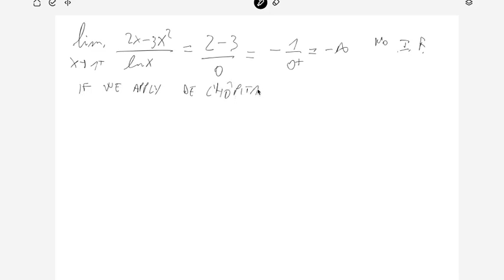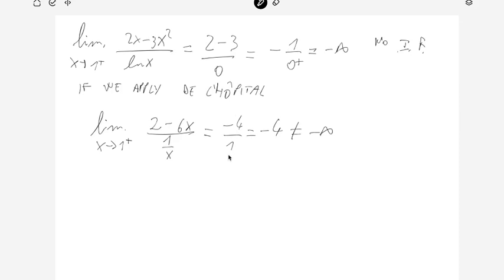If you apply the L'Hopital here, you obtain the limit when x converges to 1 plus of the derivative of this, 2 minus 6x, over the derivative of the logarithm, which is 1 over x. If you substitute now, you obtain 2 minus 6 is minus 4 over 1. So minus 4. Which is obviously different from minus infinity.